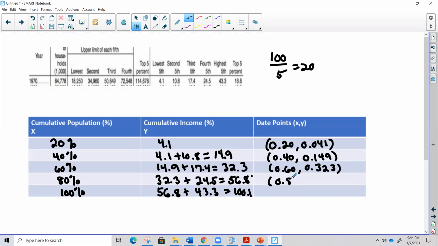This is 0.80 and 0.568. And then the last one is 1.0, or 1.00 if you want to be consistent with decimal places, and then 1.001.